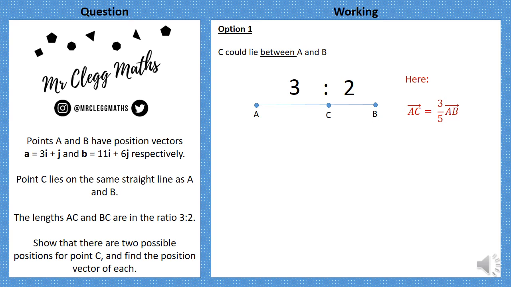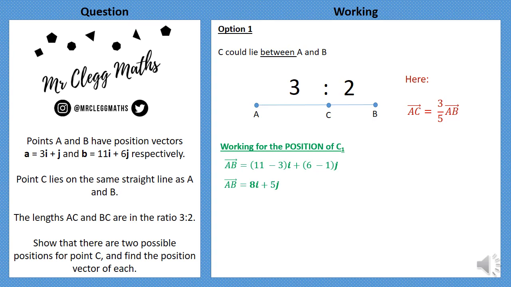So here we'll really focus in on option 1 with C lying in between A and B. So first of all, it's really important that we can represent the distance of the movement from A to B. So we find the difference in the i component and the difference in the j component. So 11 take away 3 means I've got 8i, and 6 take away 1 means that I've got 5j.